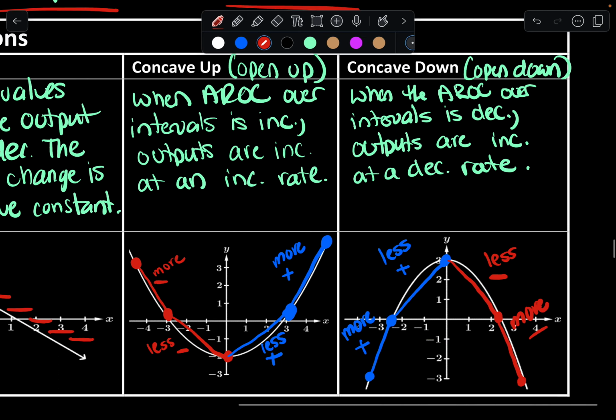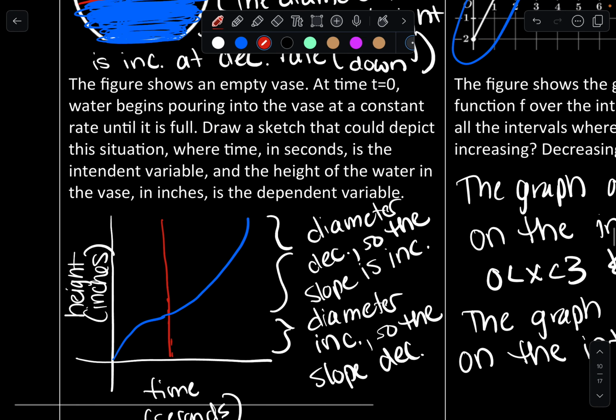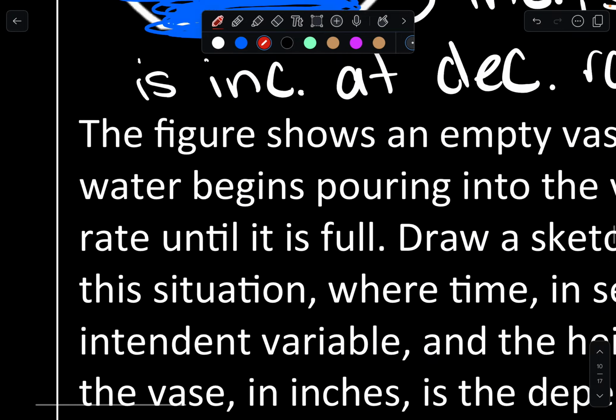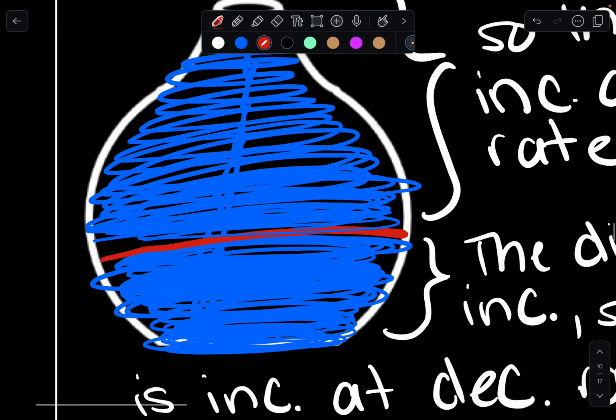So if we go back to the vase example, if we look at this where the height is increasing at a decreasing rate, you can see that we do have concavity occurring. And this one is concave down, okay? And that's happening because the function is increasing. You see that it's getting bigger, but it slows down as we approach that line, which was the turning point for the length of the diameter in the vase.